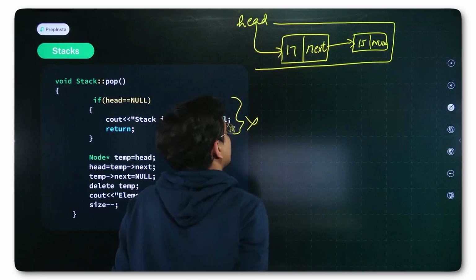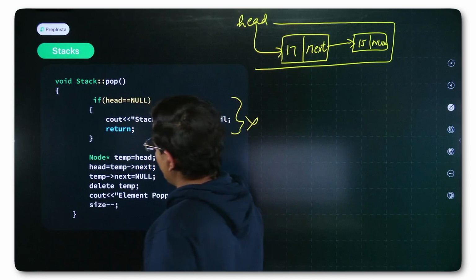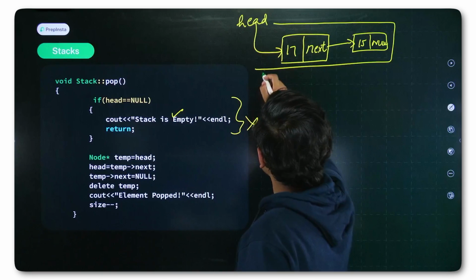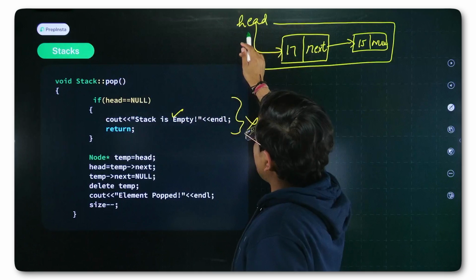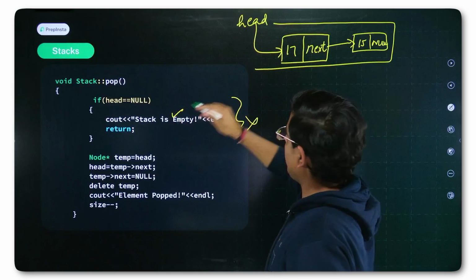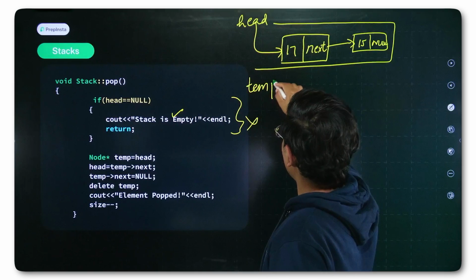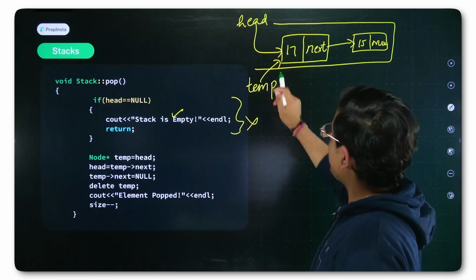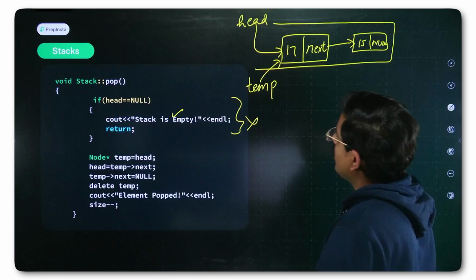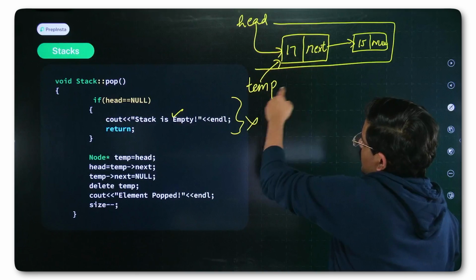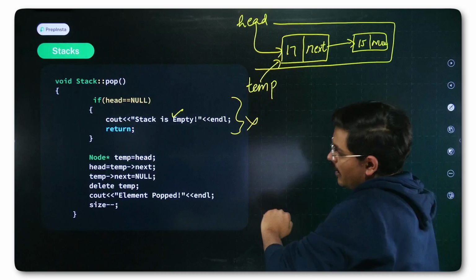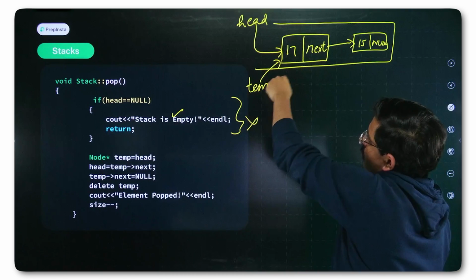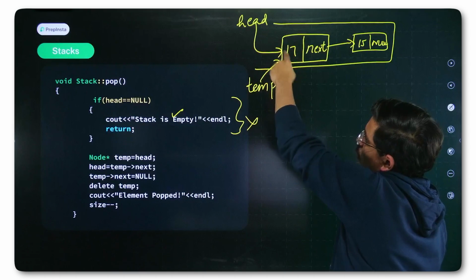Fine. So now in this case what I'll do, I'll create a pointer. Fine. And I'll just assign the value of this head to this temp. So basically I have a temp pointer here which is pointing to this particular node. Fine. Now the next of temp is this, right? The next pointer of temp is what I'm copying to head.